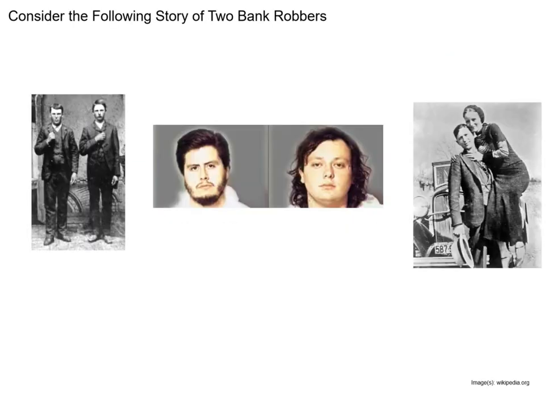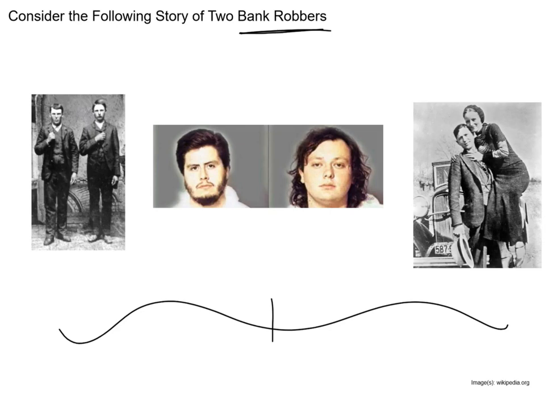The classic motivator for game theory is to think about two different bank robbers. That's the basic story that gets told in many of these textbooks: you've got bank robbers, and they rob a bank or commit some kind of crime, and they almost get away with it.